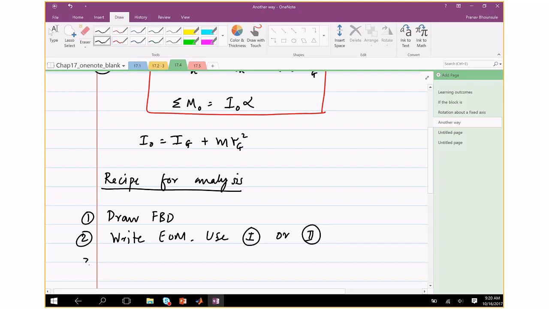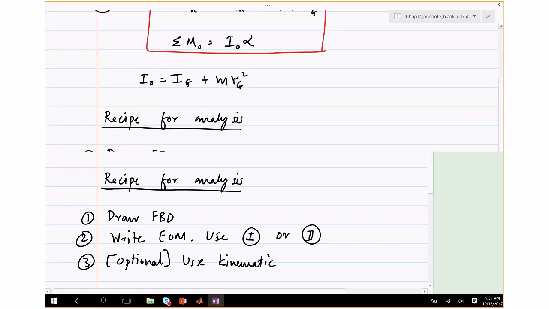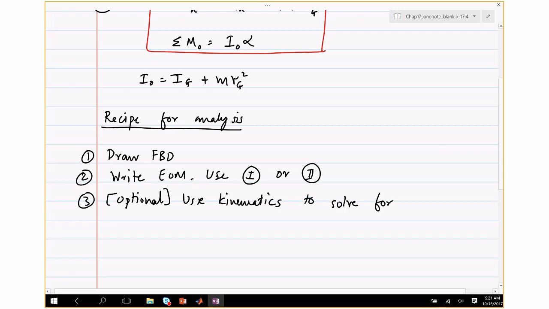And then finally, and this is optional and depends on the problem, use kinematics to solve for V or R. So V is velocity as a function of time, and R would be position as a function of time of G. So say Vg as a function of time, or Rg as a function of time.